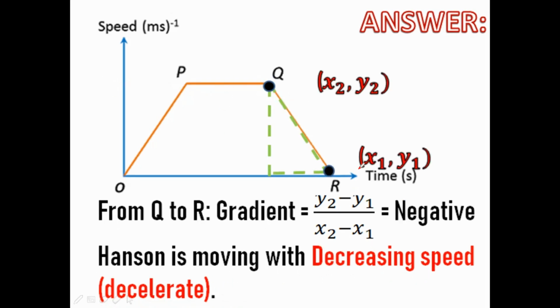From Q to R, let's say this point is x2, y2 and this point is x1, y1. So y2 minus y1 over x2 minus x1, you will have a negative number. Therefore, Hansen is moving with decreasing speed, or you can say Hansen is decelerating. His speed is smaller and smaller.